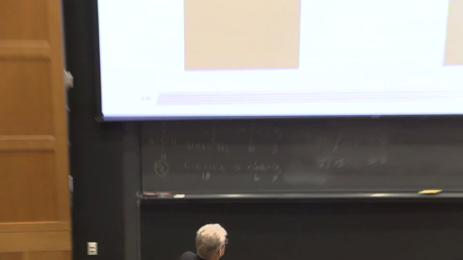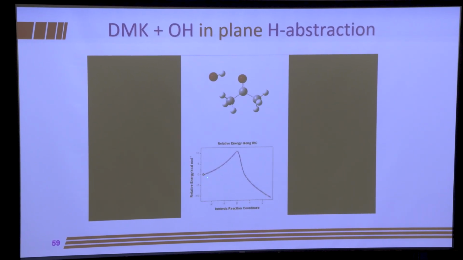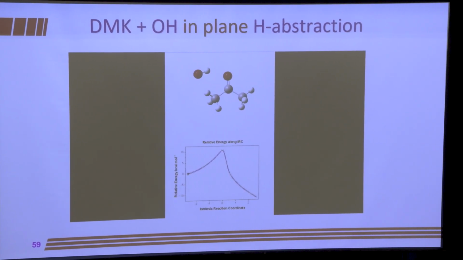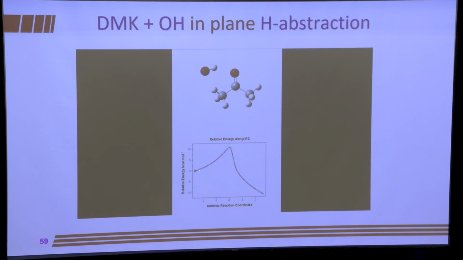So anyway, the intrinsic reaction coordinate is telling us the proximity of the acetone to the OH, okay? And what you'll see when I run this video is that the energy, and it's hard to do because it goes fairly quickly, so I'll run it a couple of times, right? But what you'll see is that the oxygen atom will dip towards this hydrogen atom, and then the energy will go up, right?